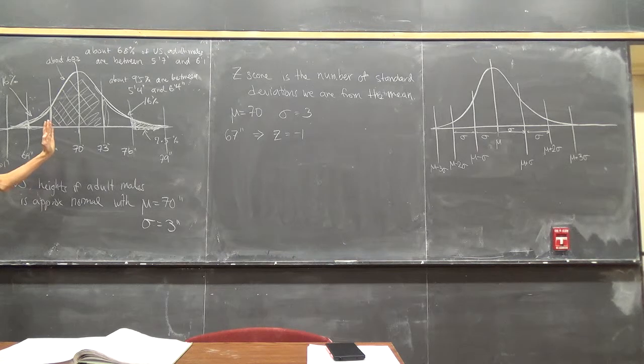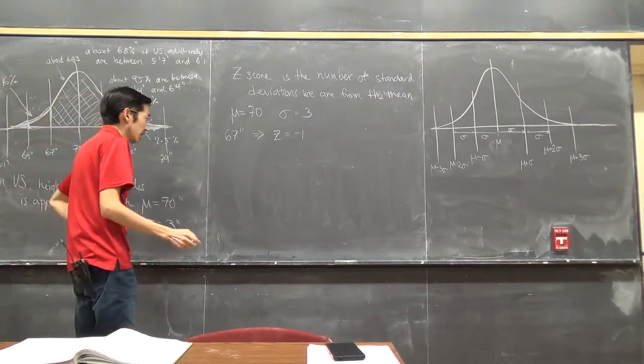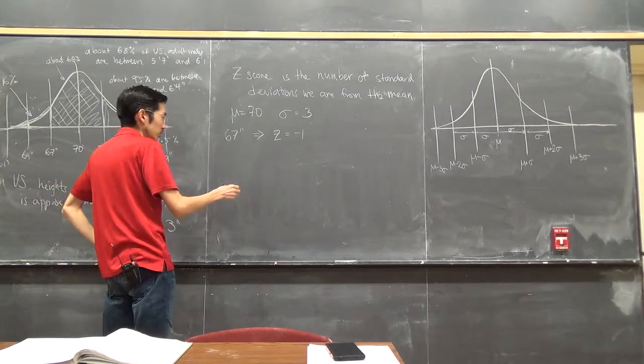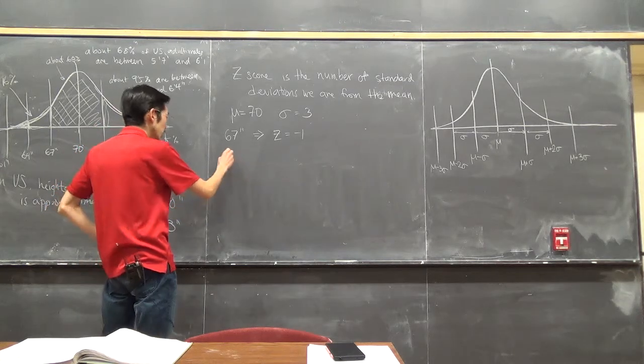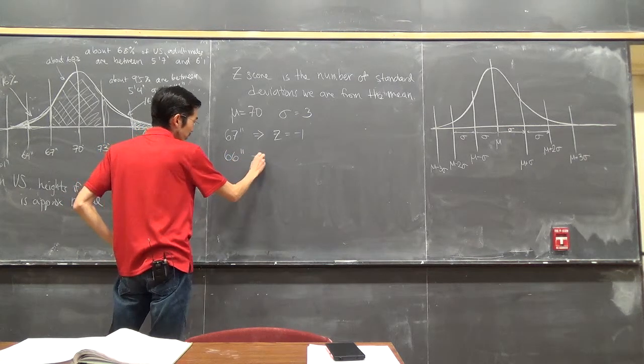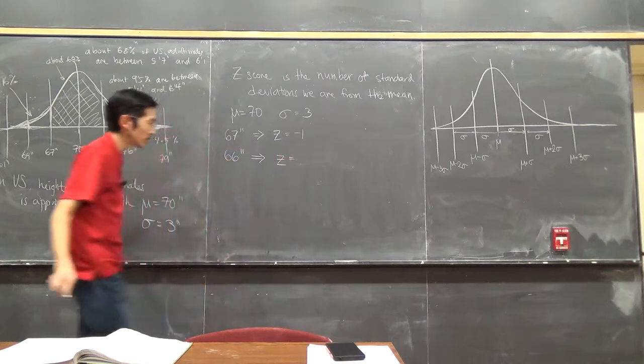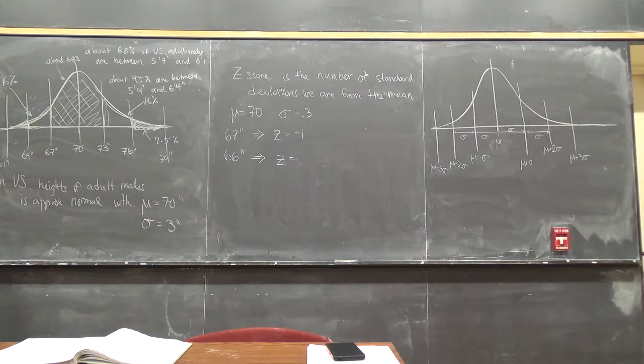Is that okay? Here, let's try something out. Don't shout this out, but 66 inches would then have a z-score of, don't shout it out, but think of your answer.